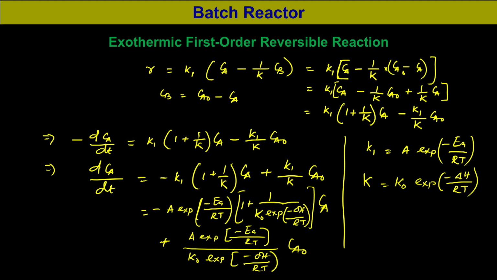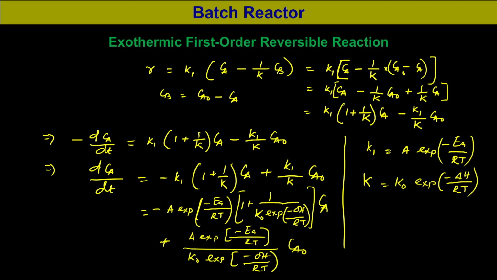So, from here we can write dCA dt would be equal to minus K1 into 1 plus 1 by K into Ca plus K1 by K into Ca naught.